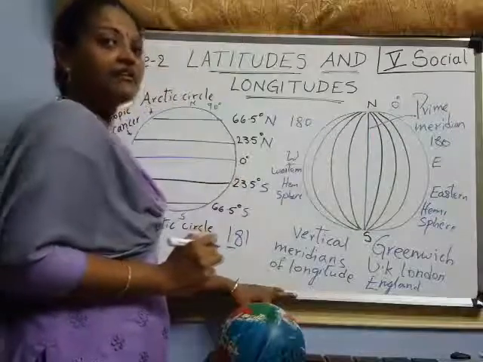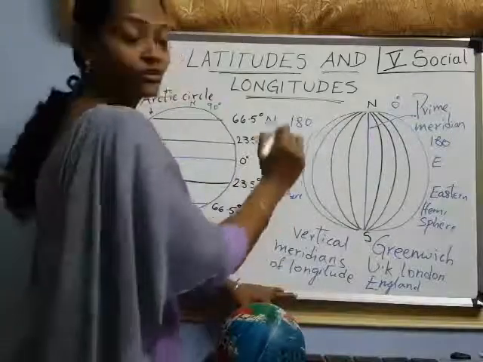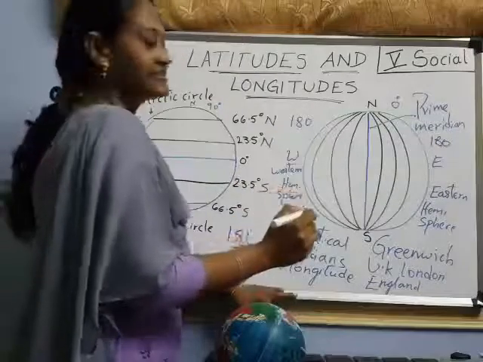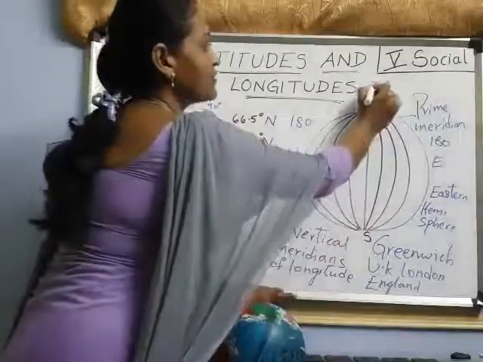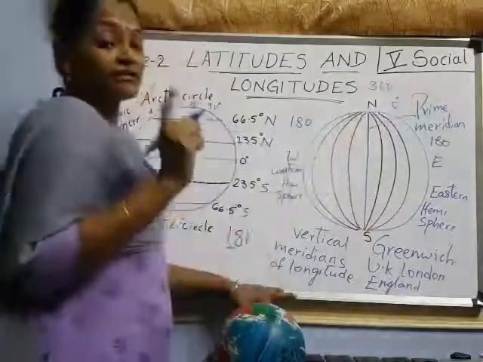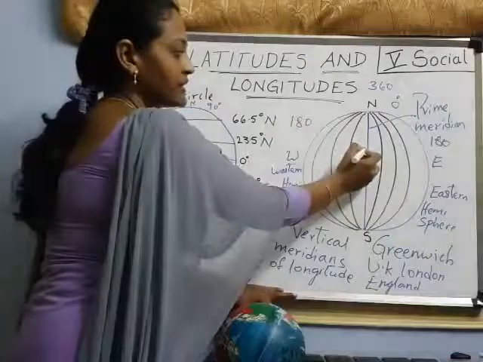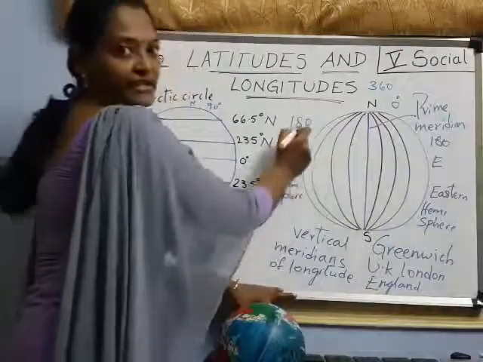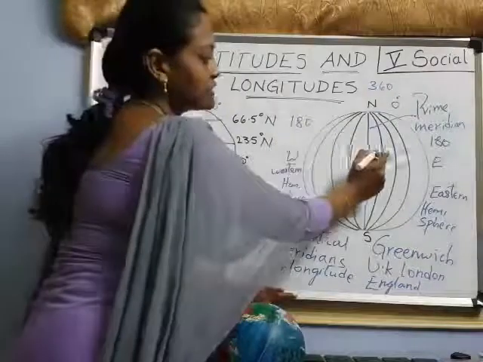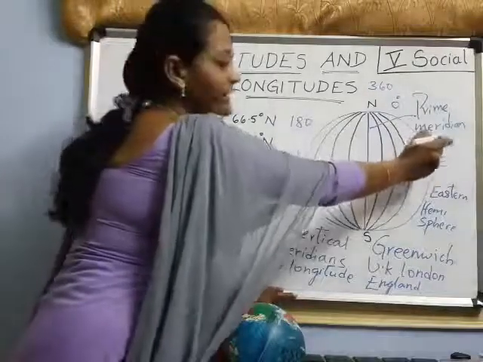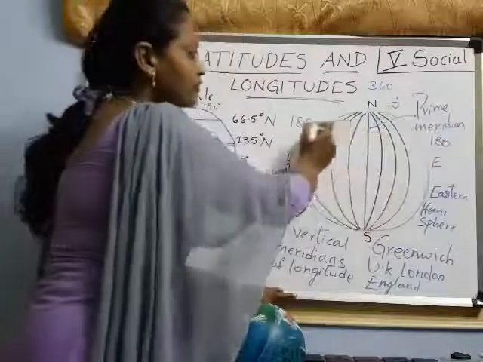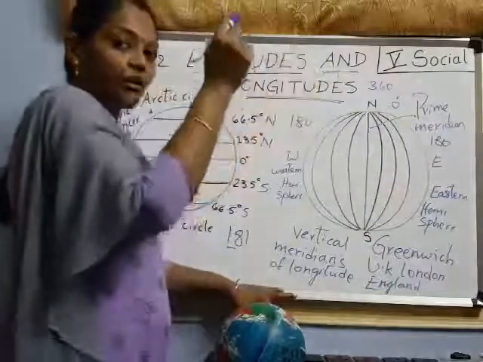That means total, tell me children, how many lines? Yes, 360, right? 360. Remember, a very important point. Towards the west side there are 180, towards the east side 180 are counted, and those two are on the same line.